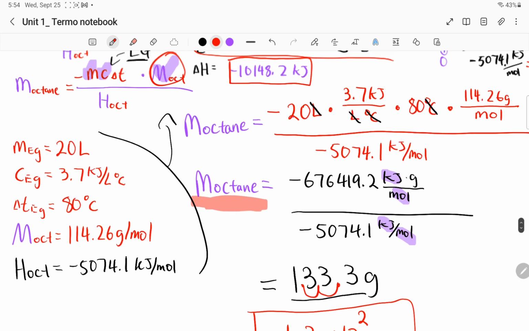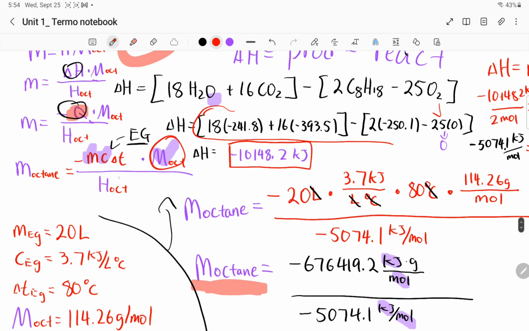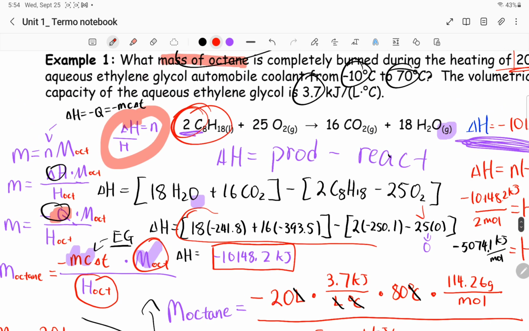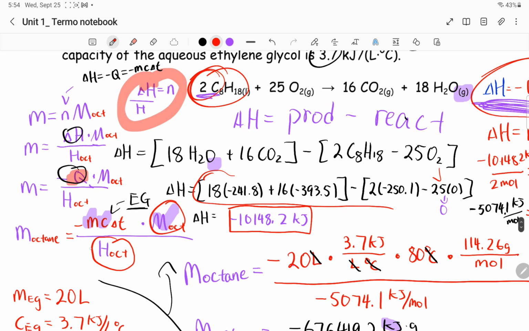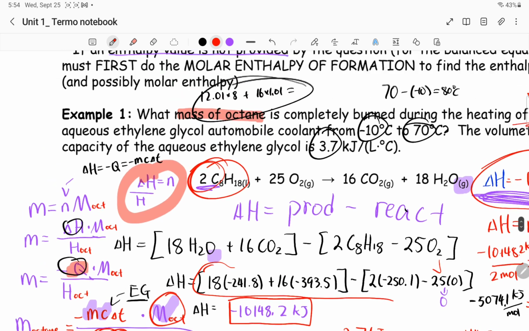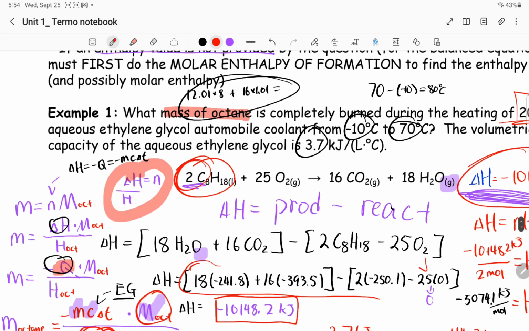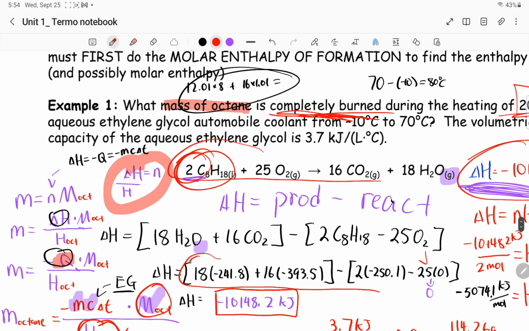All right, looking over it again. The hard part was realizing that this H of octane has to be from the delta H of the reaction. Again, the H here refers to the combustion of octane, because they want the mass of octane when it is completely burned in this reaction here.